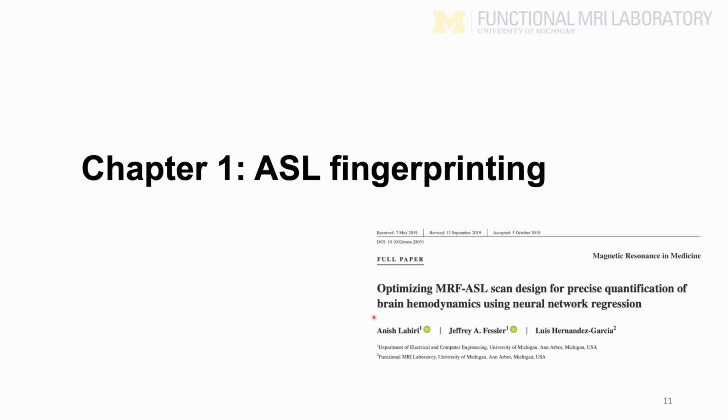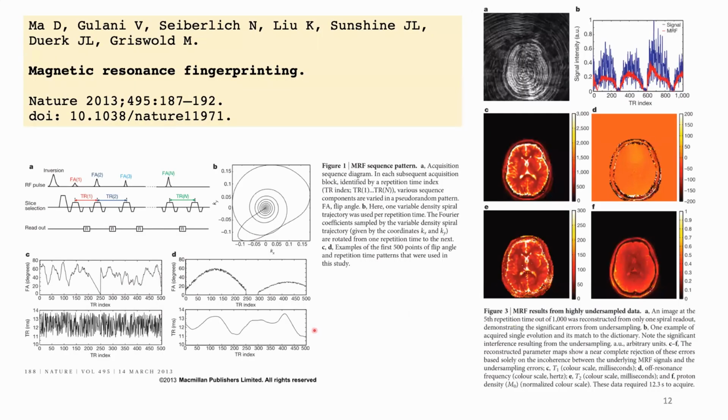And mostly I'm going to try to highlight this last paper from my student Anish who did a fantastic job with it. So MR fingerprinting without ASL kind of showed up in the scene in 2013 in this Nature paper. And the general idea, the strategy of it is that we're trying to quantify MR parameters, things like T1, T2, and spin density.